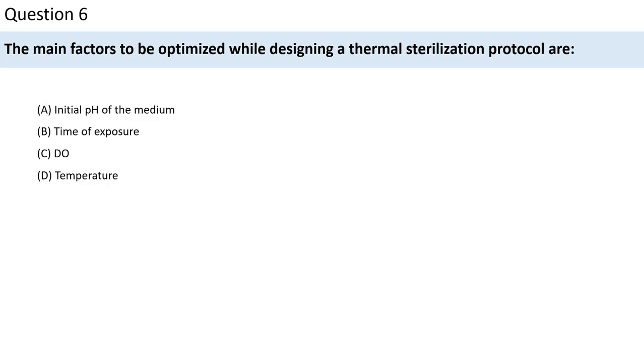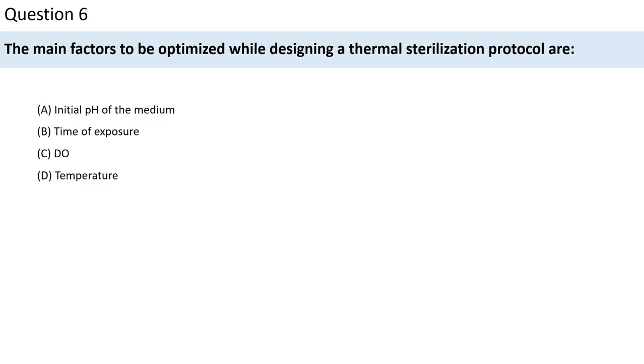Yes, actually, if you just talk about it from the perspective of medium, it will matter a lot, because, for example, if you're going to work on any minimal salt media, it will contain many salts. If you just autoclave the media as such without adjusting the pH, all the salts might get precipitated. But will it affect the thermal sterilization process?